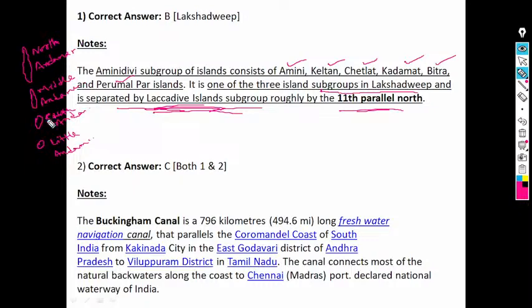Between South Andaman and Little Andaman, this is the Duncan Passage.